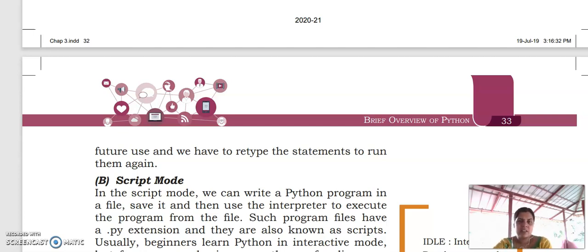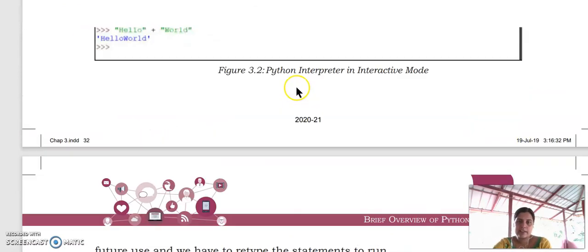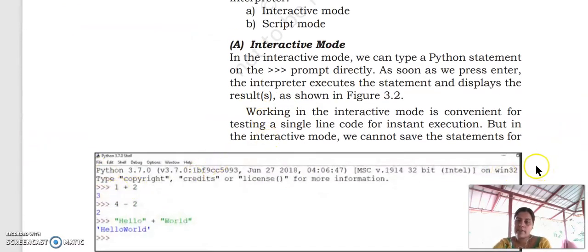When we close this window, these programs are lost. We cannot access these programs again. So it's a drawback. We have to save our program because we supply our programs to many users, and the same program can be supplied to many users.